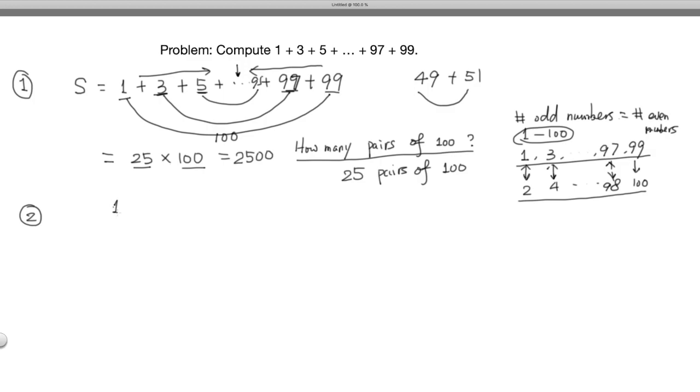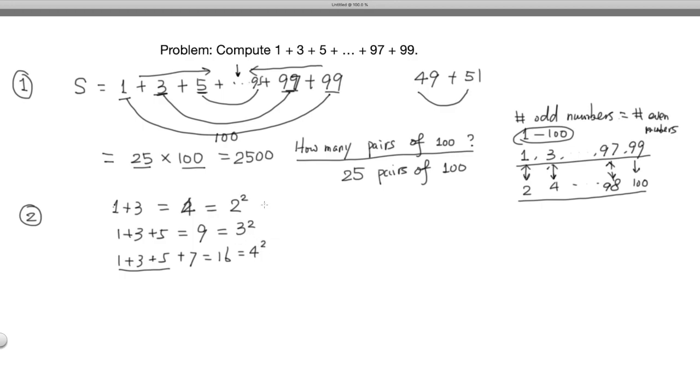What is 1 plus 3? 1 plus 3 equals 4, equals 2 squared. 1 plus 3 plus 5 equals 9, equals 3 squared. What is 1 plus 3 plus 5 plus 7? This is 9, and 9 plus 7 is 16, equals 4 squared.